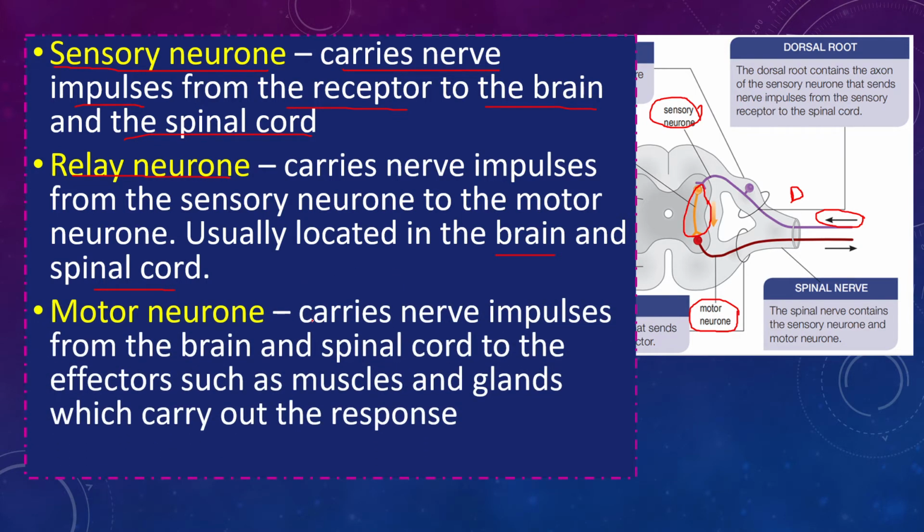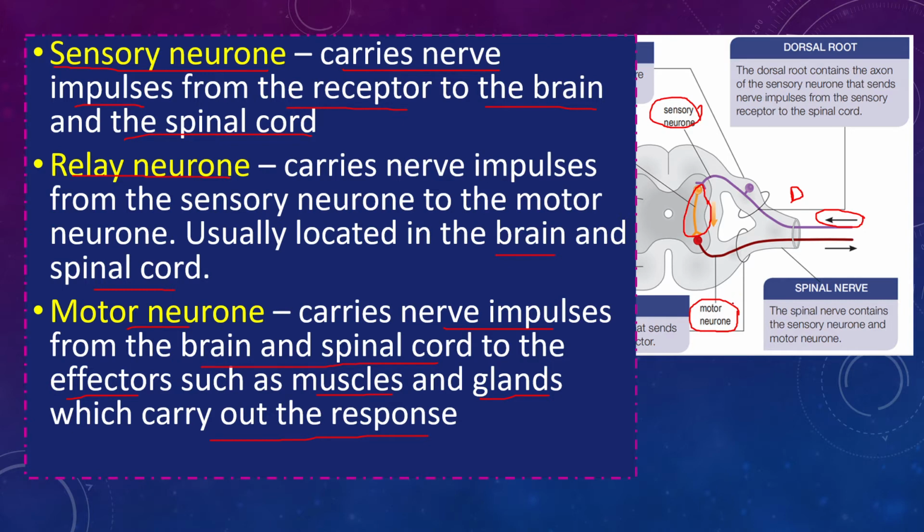Okay, for motor neuron, the function is to carry nerve impulses from the brain and spinal cord, maksudnya daripada CNS, central nervous system, to the effectors. Dia akan pergi kepada effectors. So examples of effectors are the muscles and the glands to carry out appropriate responses.